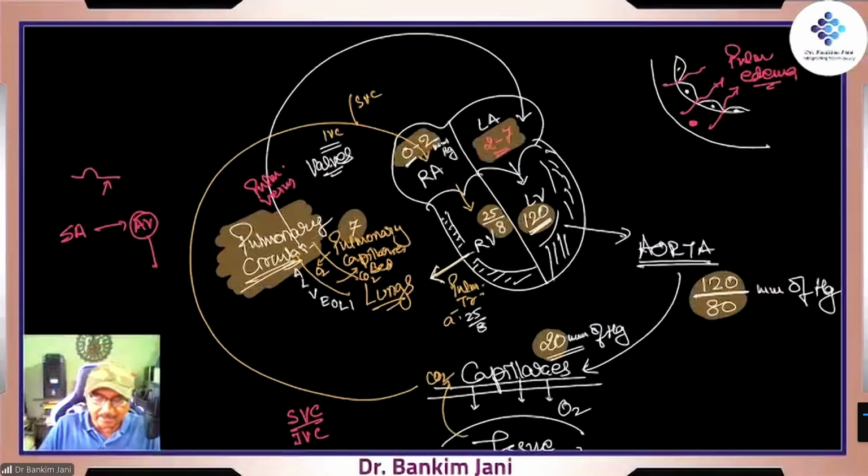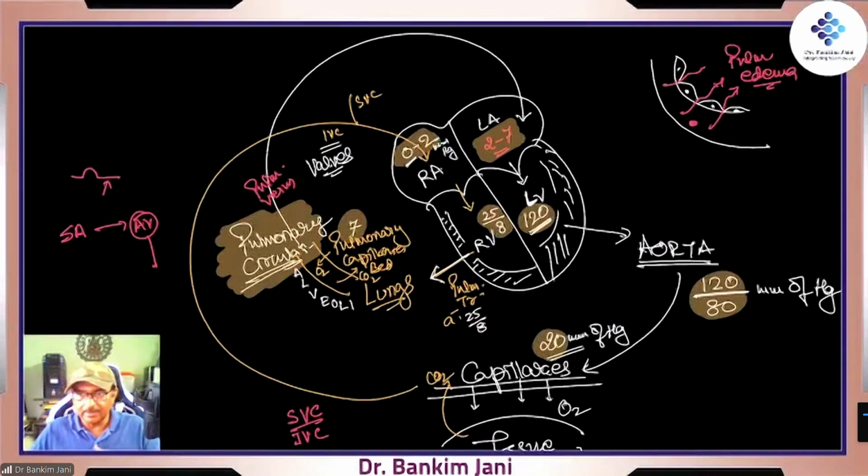Absolutely less, and this low pressure system is maintained all the way. The pressure is once again built at the left ventricle. So even though the pulmonary system is a smaller system, due to the presence of this small circuit, it gives this low pressure system.